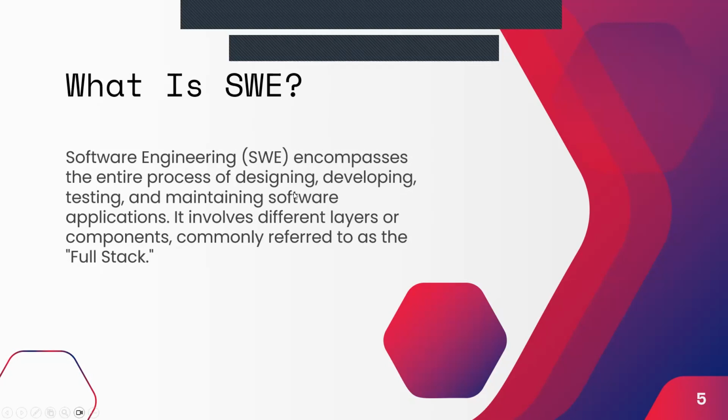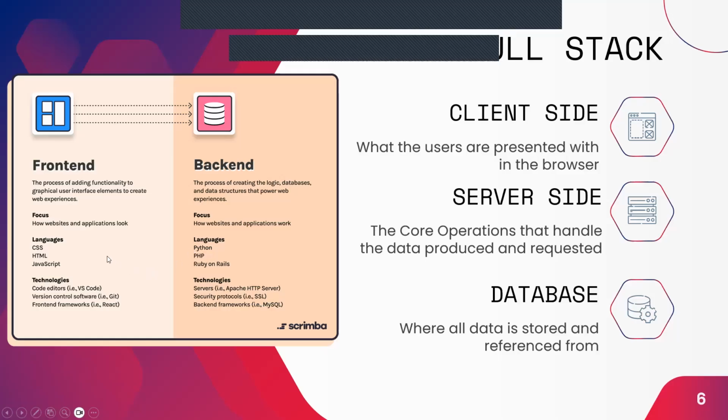To understand that, think of it as a stack of plates. Let's say with 3 plates, the bottommost plate is the database, the middle one is the server, and the top one is the client, which is your browser. The topmost plate is what people are presented with, since it's the only one they can see. Everything else in the middle and at the bottom is not visible.